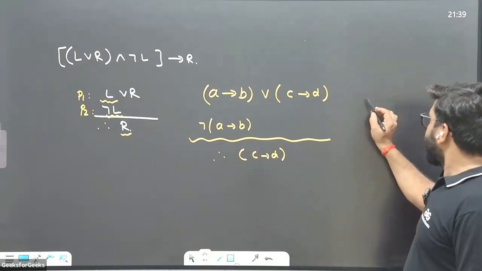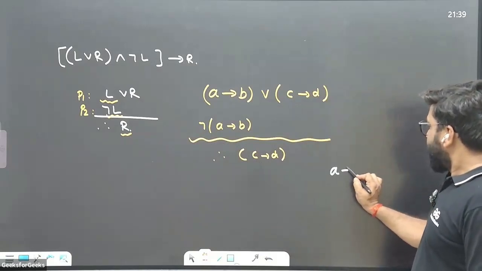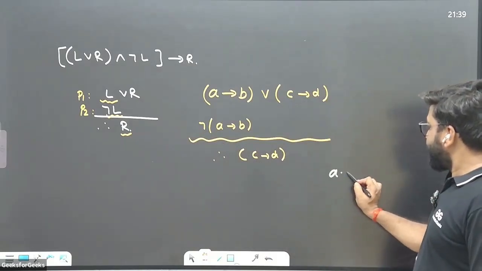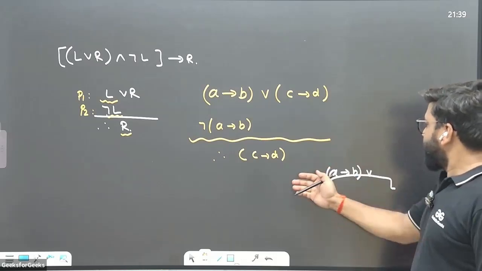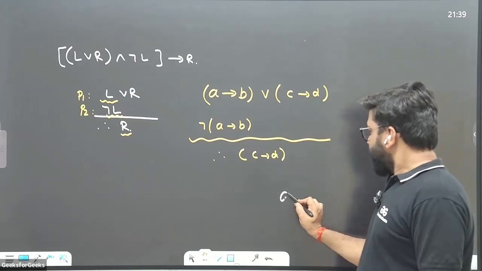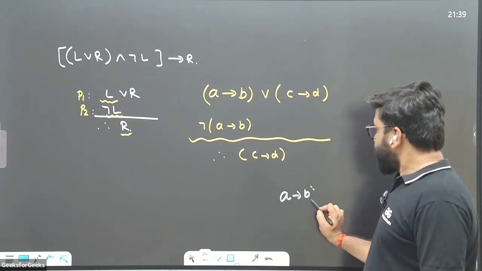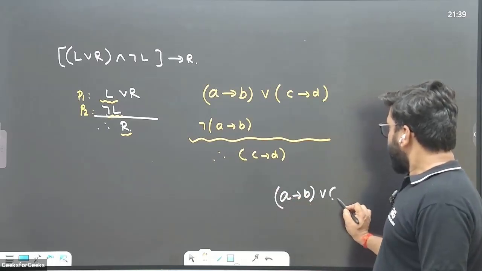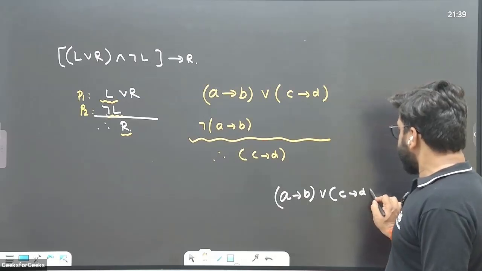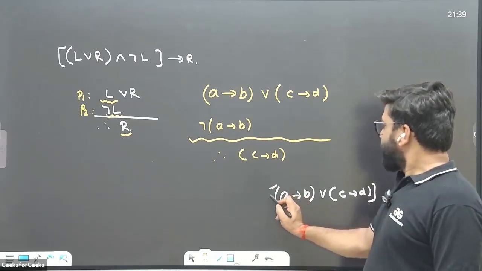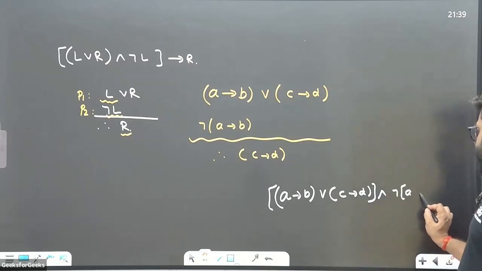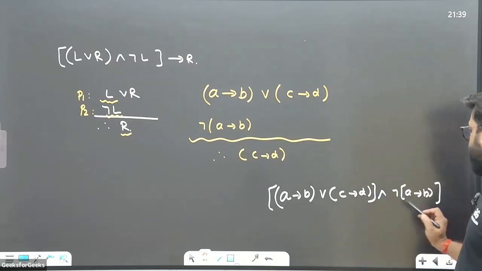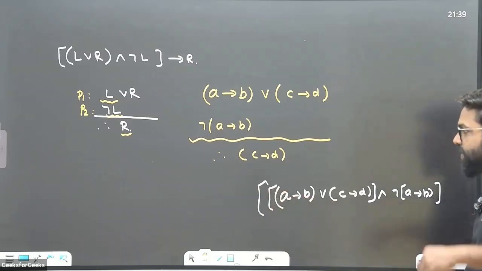Or another way of writing it: here I can also write A implies B or C implies D. The whole thing will become an and with the negation of A implies B. This is the first premise, this is the second premise.